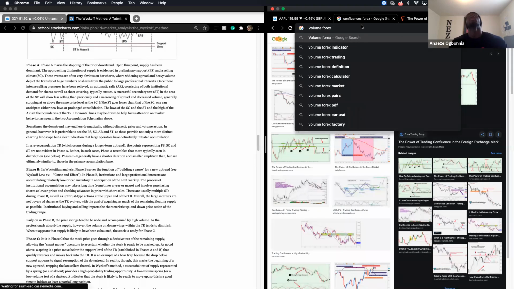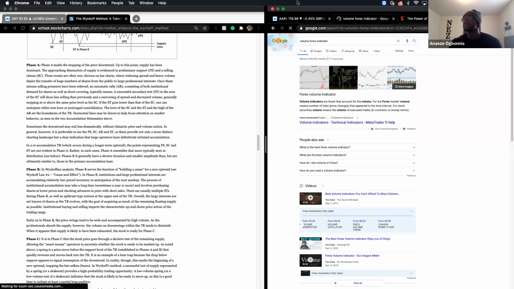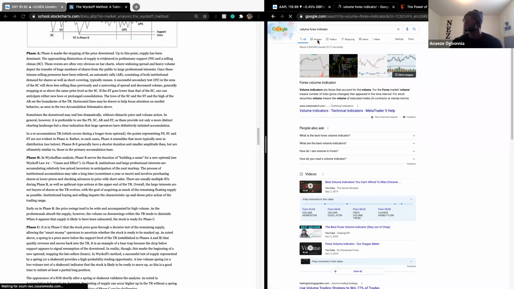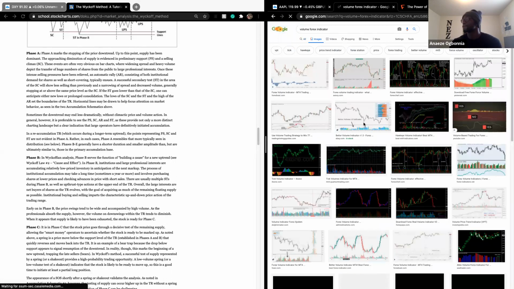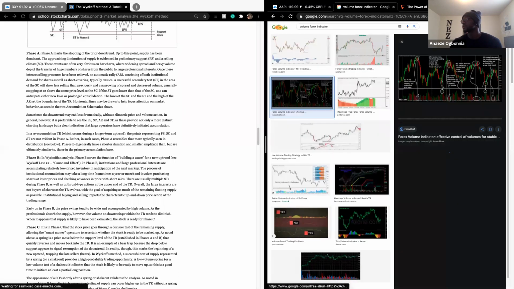Volume works. Let me see if it's an indicator. Needs an indicator, but let's go ahead and take a look at this. Alrighty. So the next thing we have here is basically volume. Okay, so I don't really know if I wanna. This looks like it might be a good example.